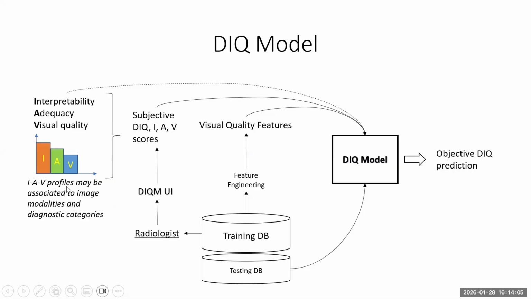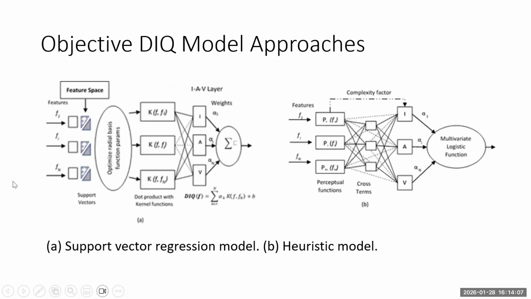So that has to inform our model as well. What we proposed was to train these models, but make them account for the IAV parameters. So how about if I, A, and V are intermediate results? We don't know if this is a linear sum that can compute the final score.